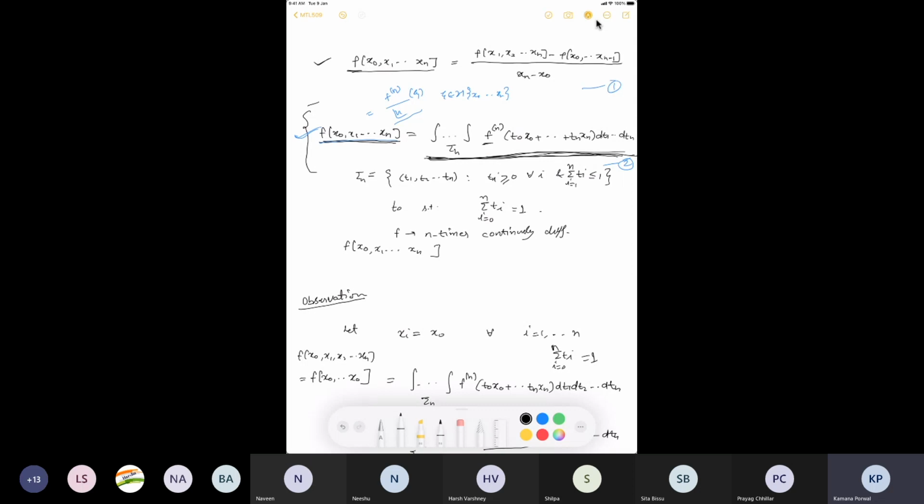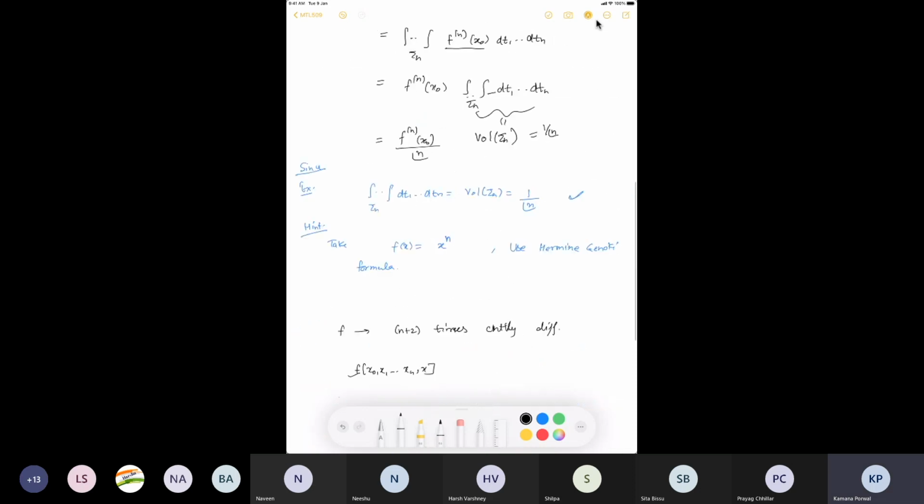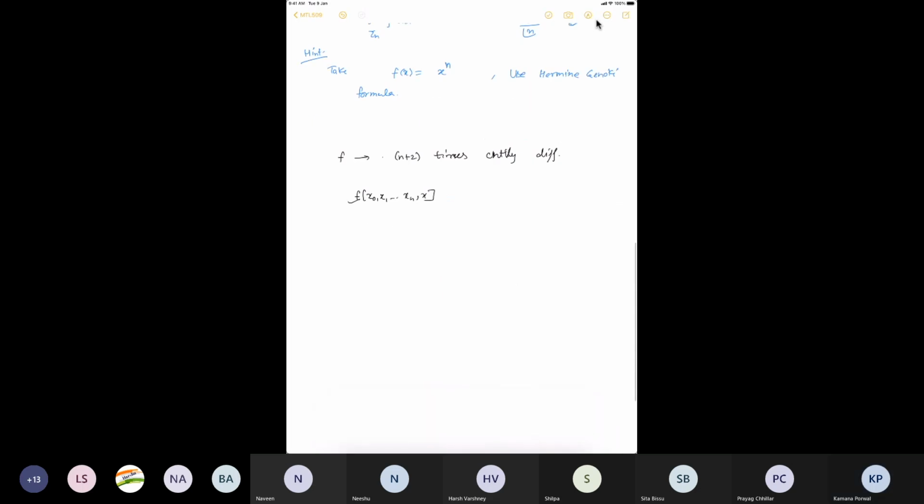You will be having the n plus 1th derivative of f with some argument, right? So first of all, how will you conclude that this is going to be a continuous function? Can you just use some basic theorem, the fundamental theorem of calculus? What does that say?